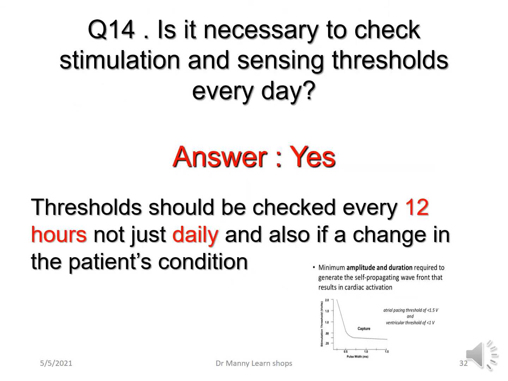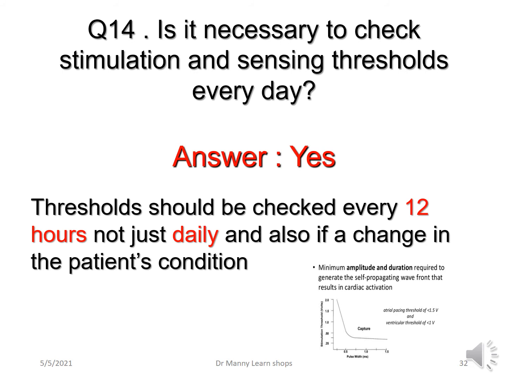Is it necessary to check stimulation and sensing thresholds every day? The answer is yes. The thresholds should be checked every 12 hours, not just daily, and also if there's a change in the patient condition. Most important is to check the stimulation threshold. Sensing thresholds can probably be done once a day or every second day or every third day according to your protocol.